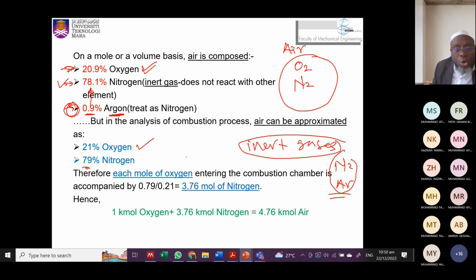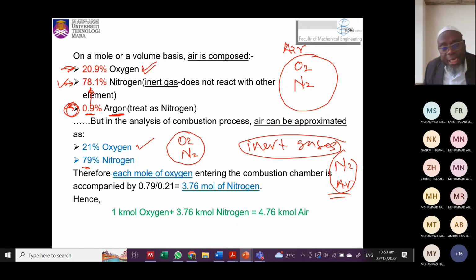Whenever we talk of atmospheric air, we should know that from today, we will be thinking about oxygen and nitrogen only. We will not consider argon. So this is the composition of atmospheric air. The atmospheric air consists of 21% oxygen and 79% nitrogen.